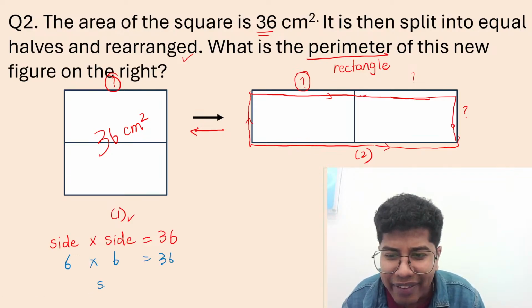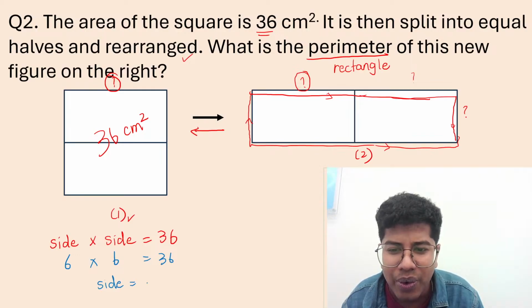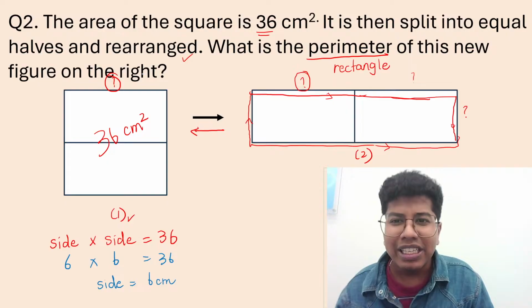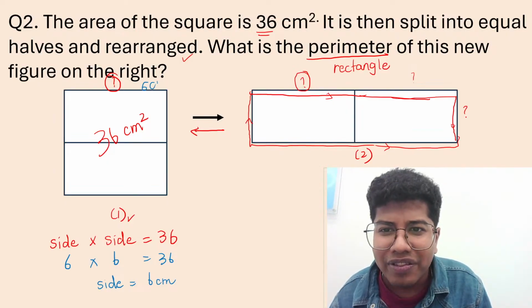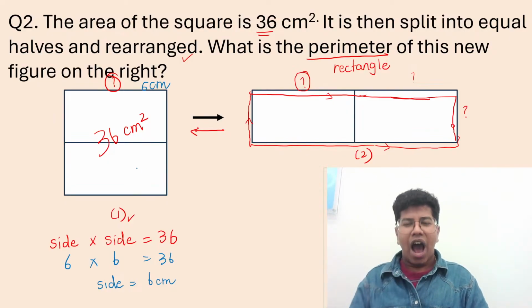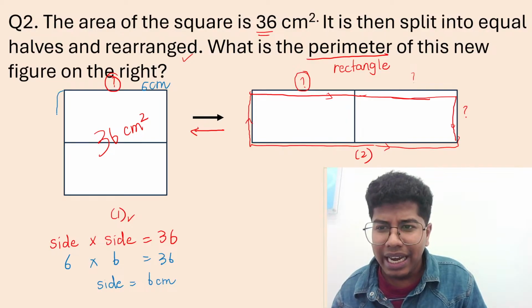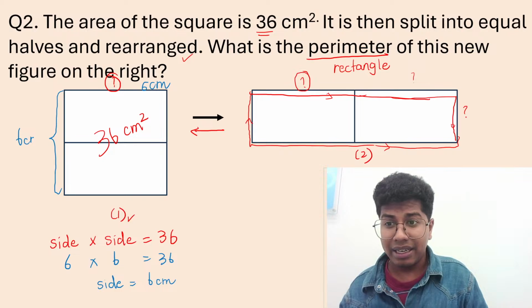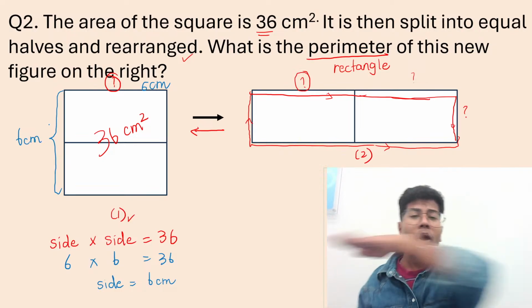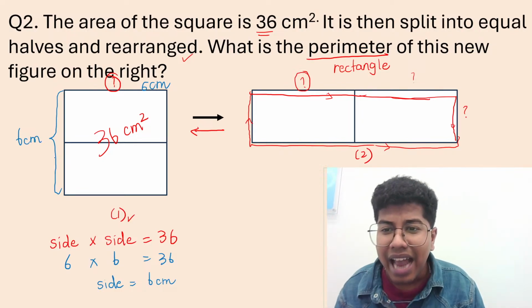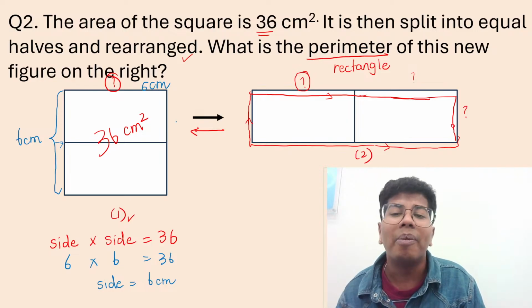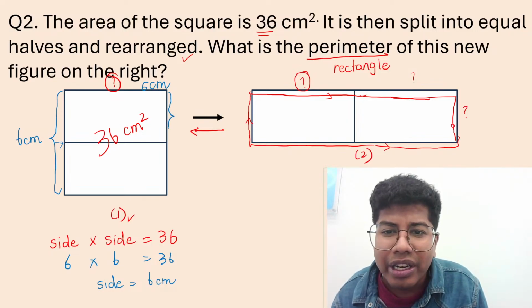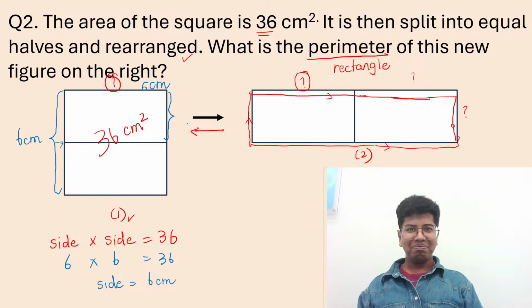So the side that we are looking for, what is the value? It's nothing but 6 centimeter. So the square has the side length of 6 centimeter. Now tell me, if the total length we know is 6 centimeter, and this line that is present here has been cut in half, can anyone tell me what is the width here?